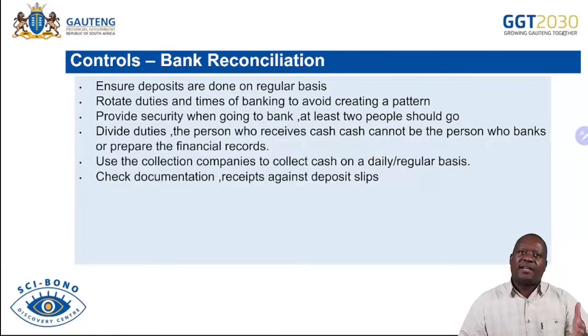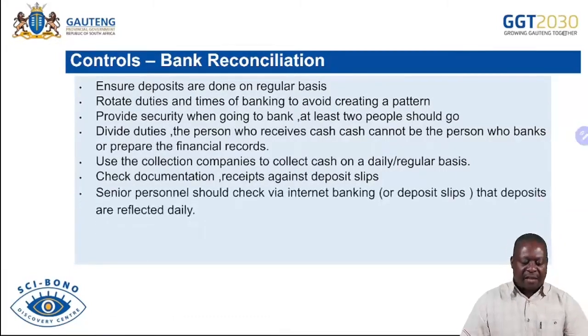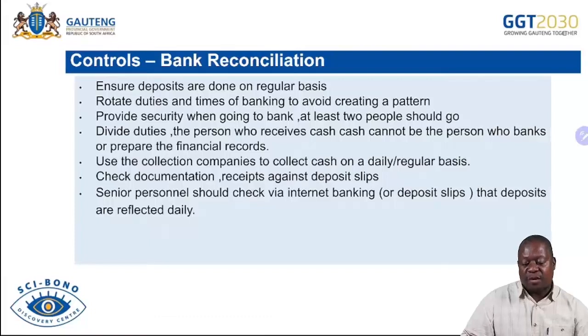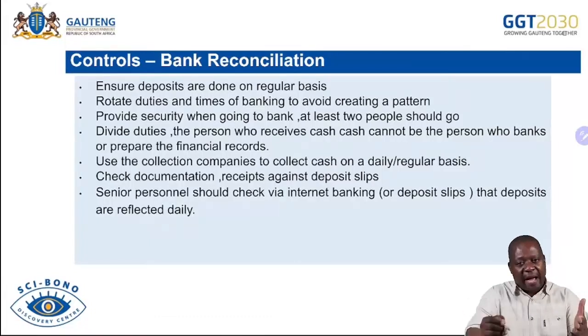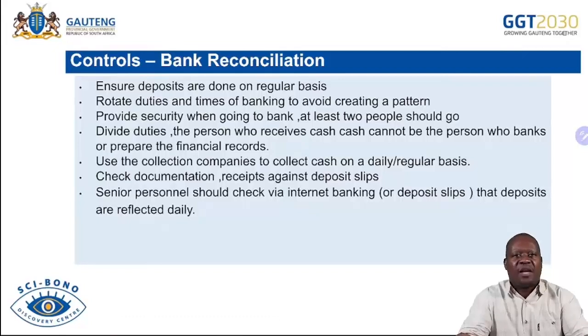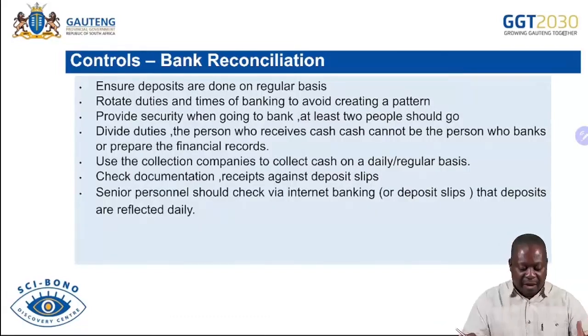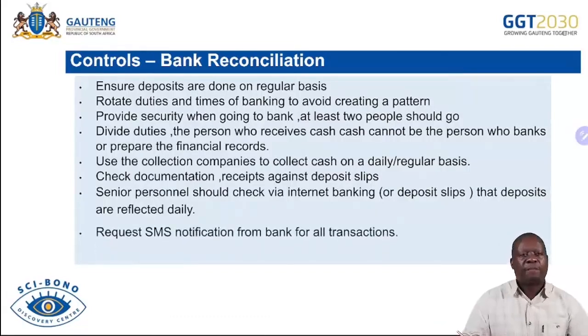Check if you are sending 20,000, check if it arrives as 20,000 at the bank. Senior personnel should check via internet banking or deposit slip that deposits are reflecting. When you are sending money with one of the employees to the bank, make sure it's appearing, because you may not know that the money is disappearing on its way to the bank.